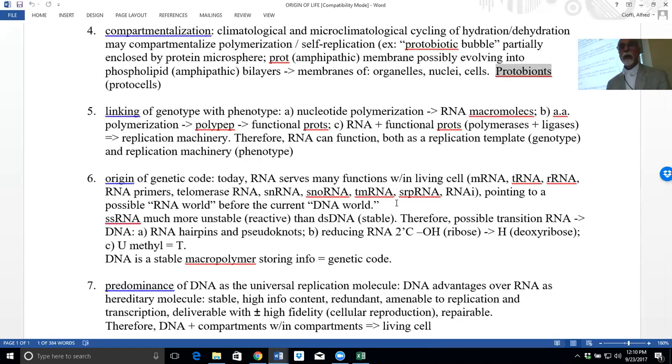Similarly, if there are so many different types of RNAs, it's pointing to one common primitive original RNA molecule. That's why they talk about this RNA world that makes sense before the current DNA world.